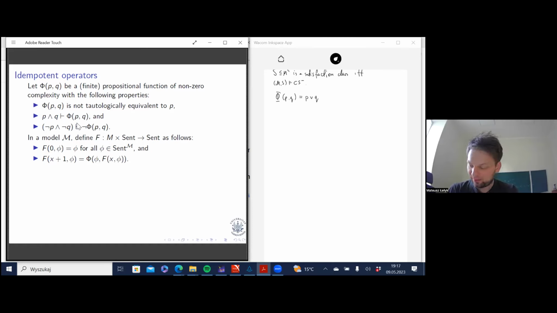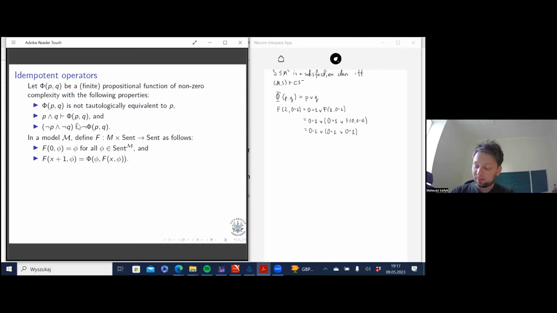Then f of 2 of 0 equals 1 is 0 equals 1 or f of 1 of 0 equals 1, which is the same as 0 equals 1 or 0 equals 1 or f of 0 of 0 equals 1, which is the same as 0 equals 1 or 0 equals 1 or 0 equals 1.